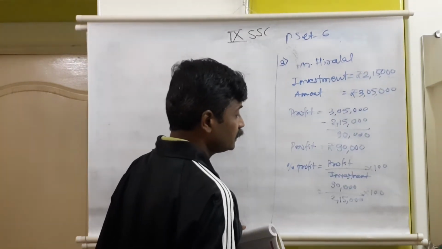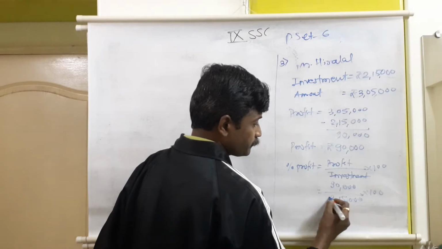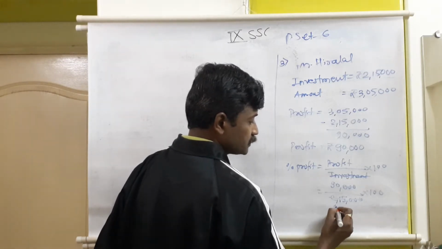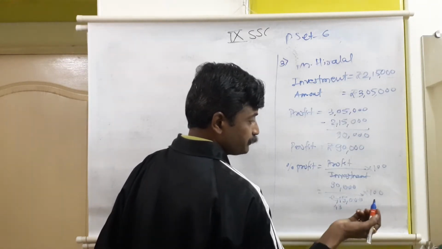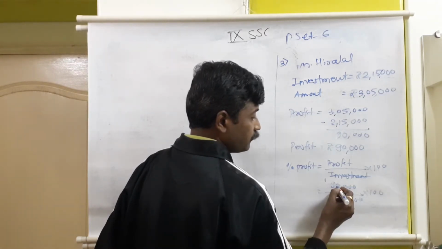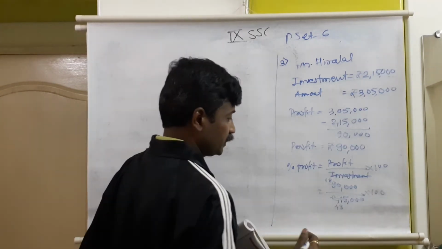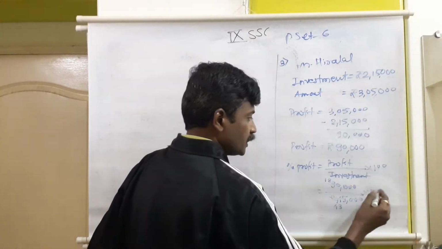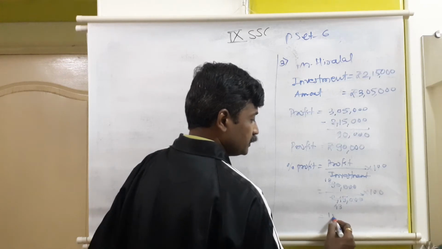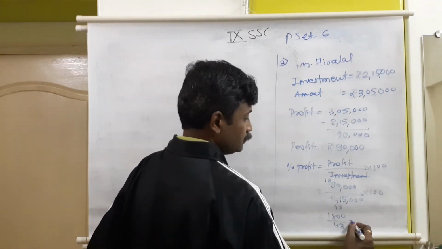Then if we divide by 5, 5 4s are 20 and 5 3s are 15, and 5 1s are 5, remainder is 4, 40, 5 8s are 40. So 18 into 100 upon 43, that is 1800 upon 43. It will give us the percentage.